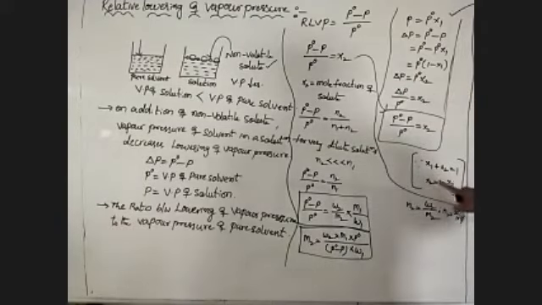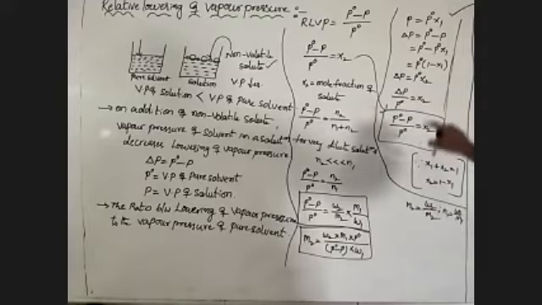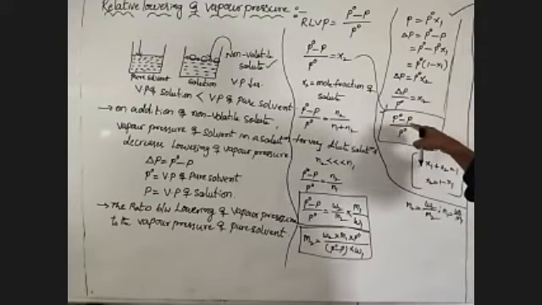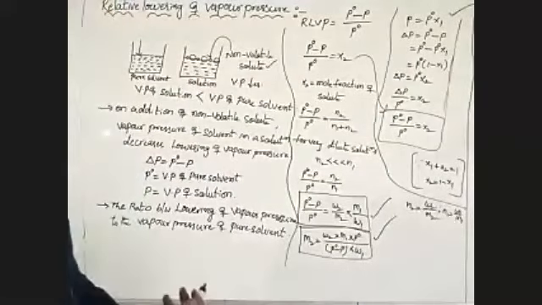So delta P by P naught, that is P naught minus P by P naught, is equal to X2. This is relative lowering of vapor pressure. Here is very simple logic.